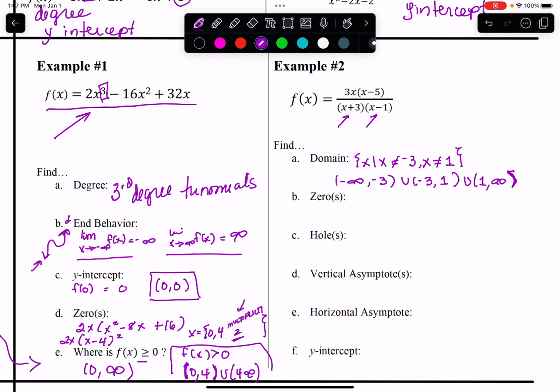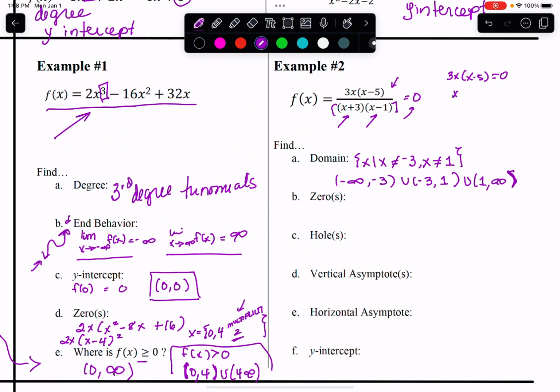Now, the zeros come from looking at the top, because if you set this function equal to 0, of course you would multiply the denominator by 0, so it gives you 0. So really you're left with 3x and x minus 5 equals 0. And so you always just look at the top to find your zeros.